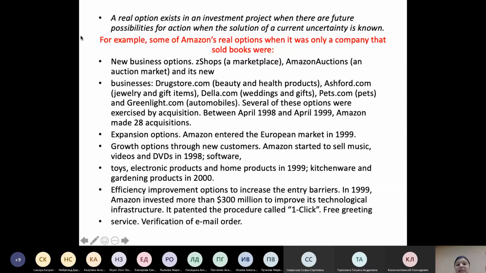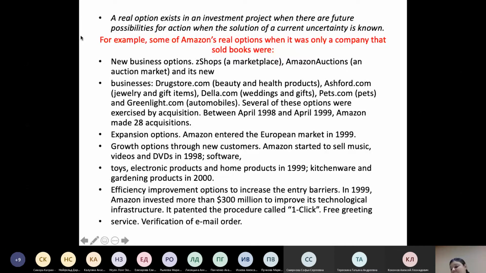Expansion options: Amazon entered the European market in 1999. It's the opportunity to expand, the opportunity to start a new production cycle in a new market. Growth option through customers: Amazon started to sell music, videos, DVDs in 1998, and software, toys, electronic products in 1999.